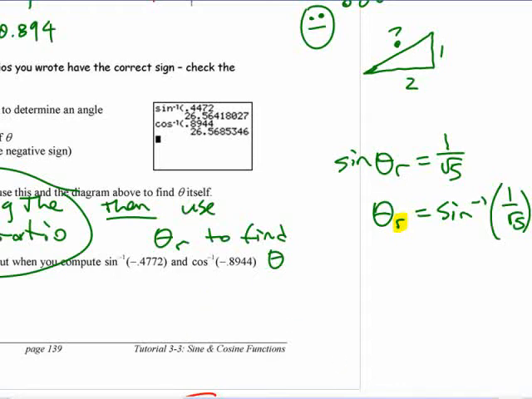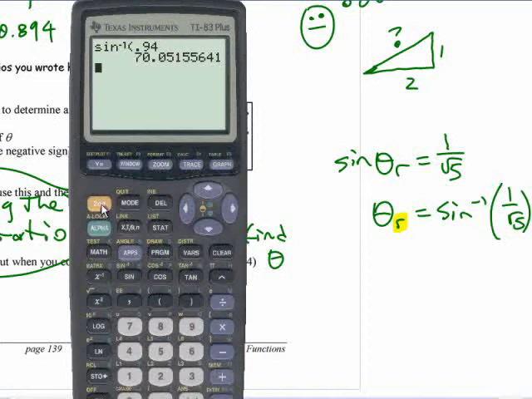So go to your calculator and do what we were just doing here. Sine inverse of 1 divided by root 5. You can put it in brackets so that you use the exact value, or you could find the decimal number first and then do that. That's one way to do it.